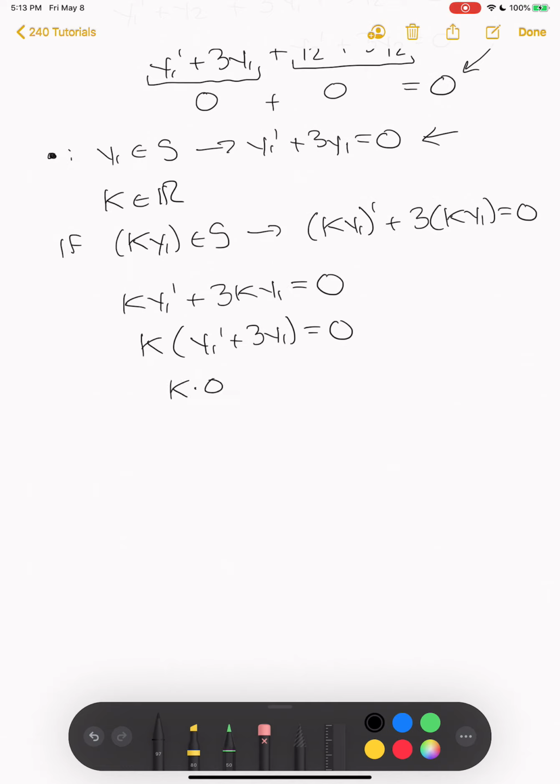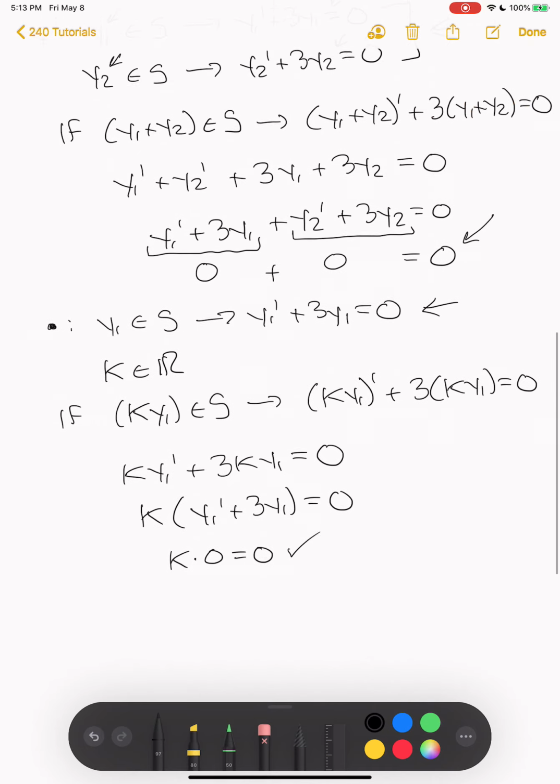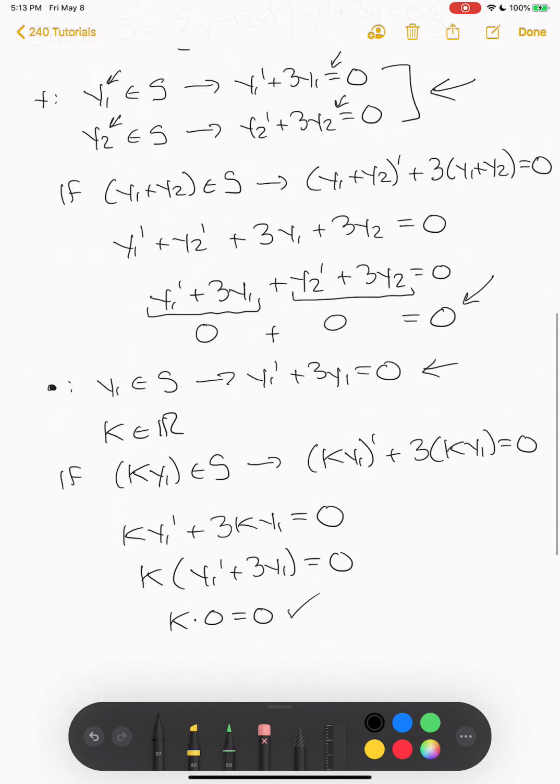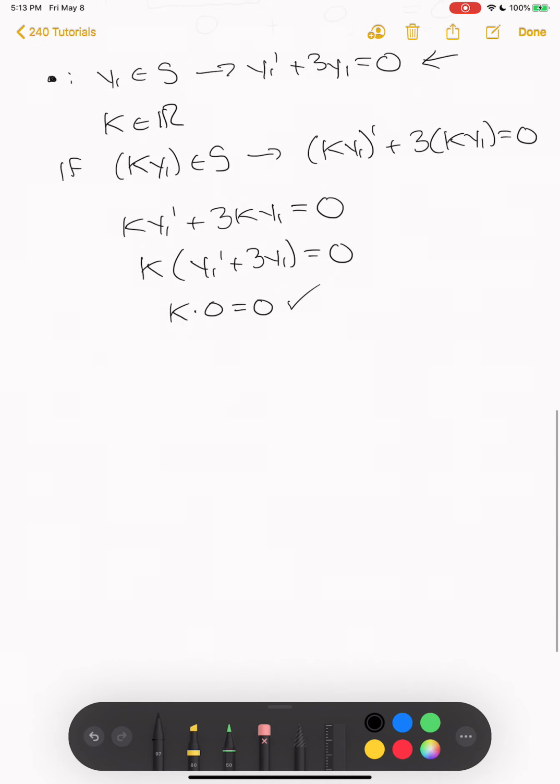So I have k times 0 is equal to 0, and that always works. So this was a mouthful, I know, but this is how you have to go through and show closure under multiplication and addition. Lastly, we have to show the 0 vector is in S.